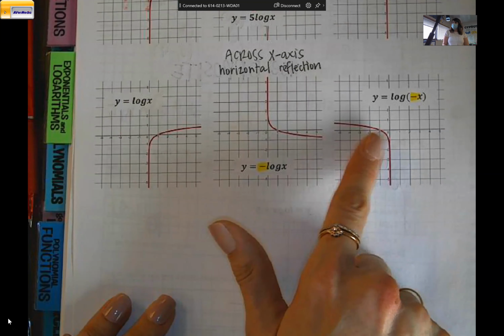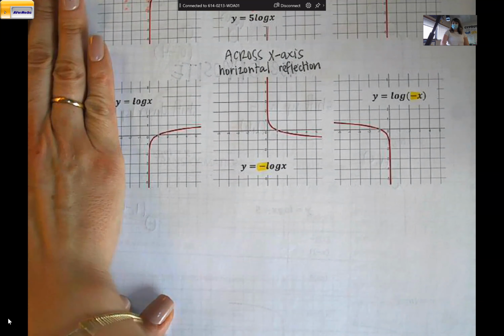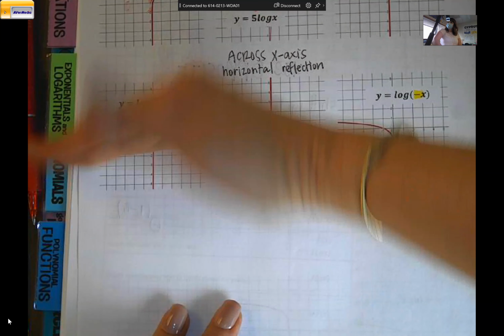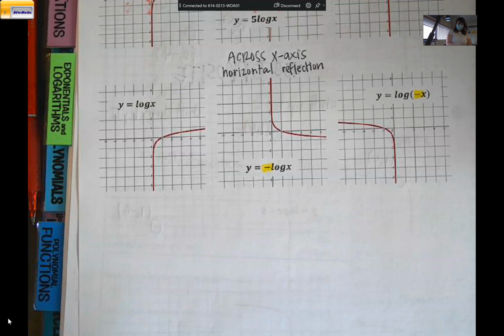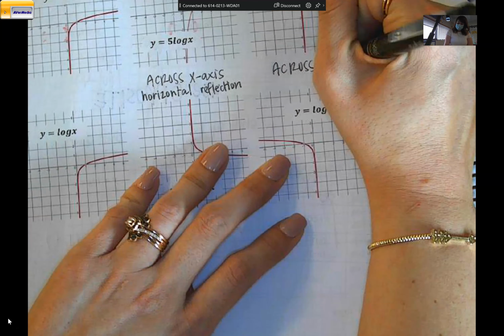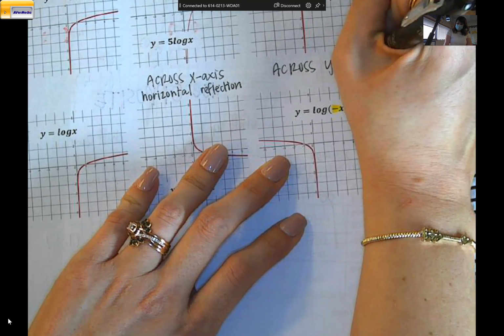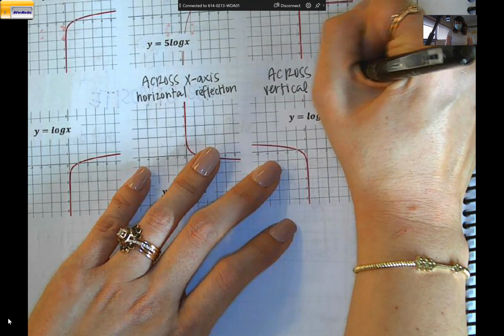So this second one is a vertical reflection. The first one is horizontal. The second one is vertical. So this one would be across the y-axis, and we refer to that as a vertical reflection.